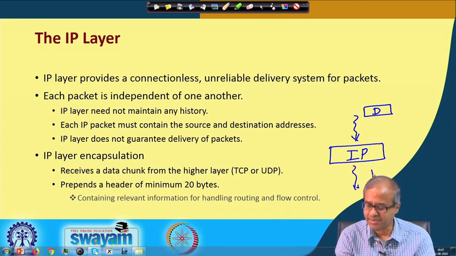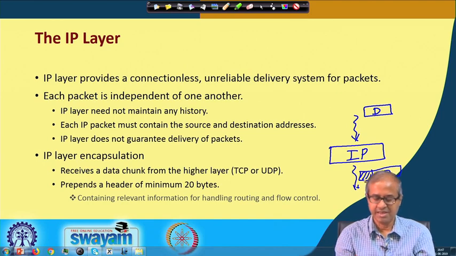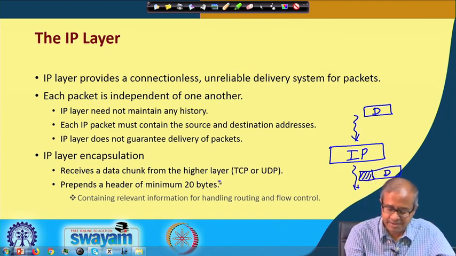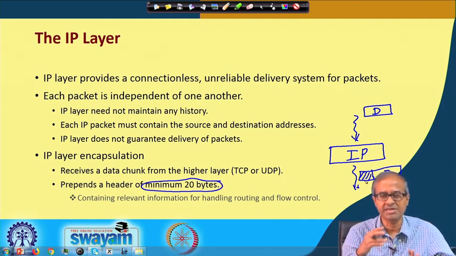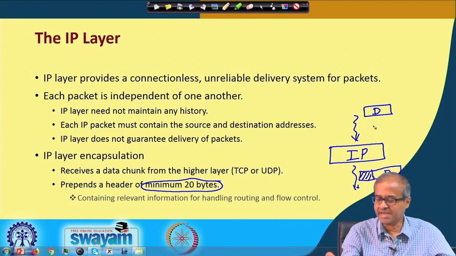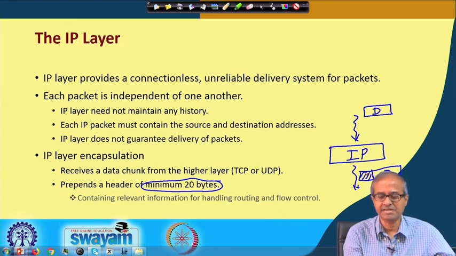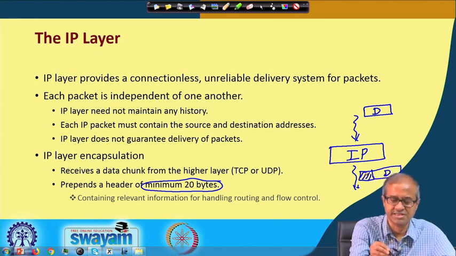It will add some header to this data packet, and the IP layer adds a minimum of 20 bytes of header, typically 20 bytes only, but sometimes it can be more than 20, rarely, but typically 20 bytes. 20 bytes of header is added to the data, and this includes source and destination address and some other information also, which helps in routing the packet and some other services. This we shall see.